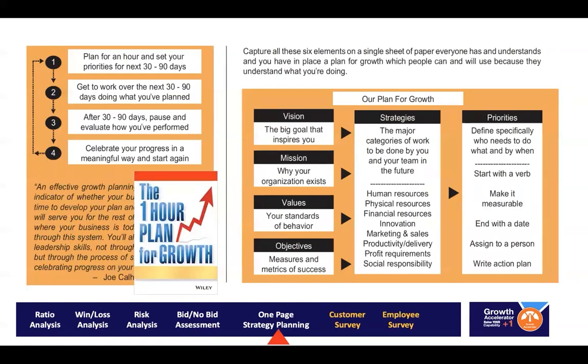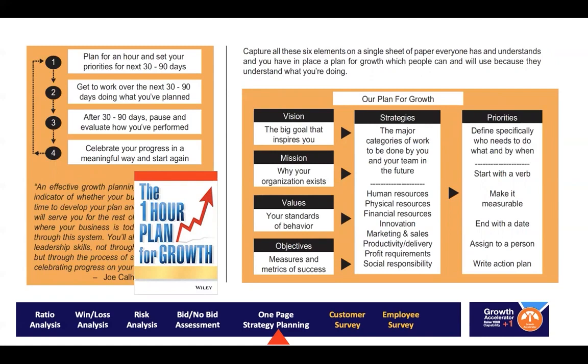The one-page strategy is a phenomenal framework. We've provided you with a condensed version of it, which enables you to build a one-page strategy for the customer. This is based on the 1 Hour Plan book. We've provided you with the links in the actual modules so we can structure vision, mission, values, objectives, and the strategies and priorities that will drive the company's strategy.